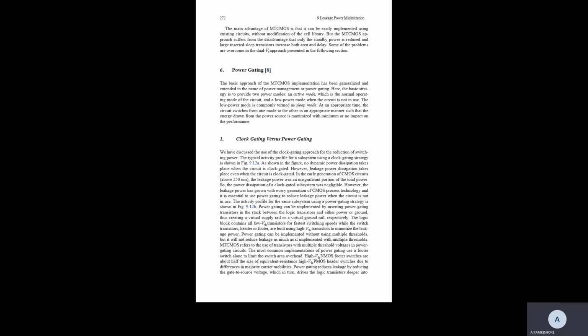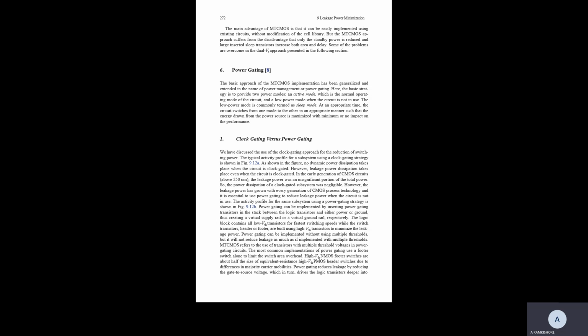The MTCMOS implementation has been generalized and extended in the name of power management, or power gating. Here the basic strategy is to provide two power modes: an active mode, which is the normal operating mode of the circuit, and a low power mode when the circuit is not in use.